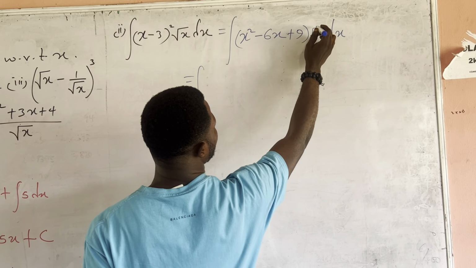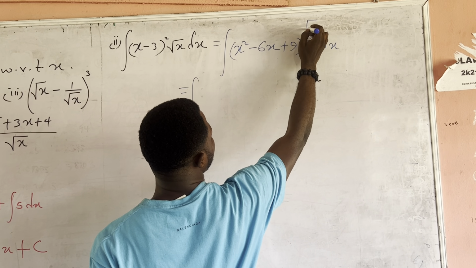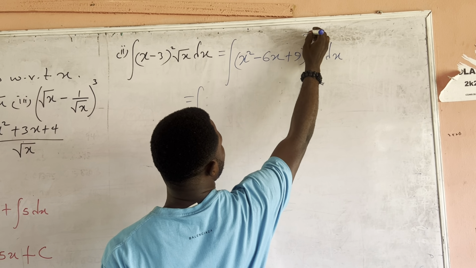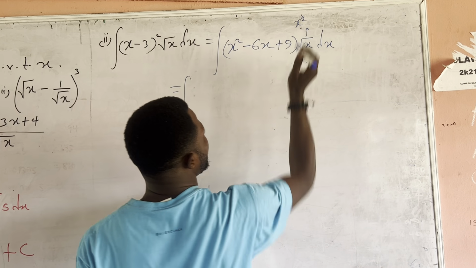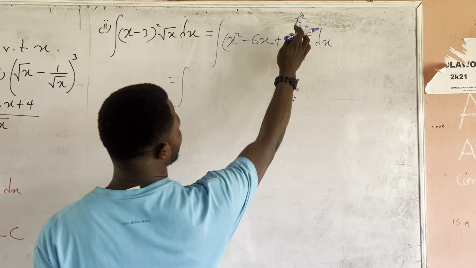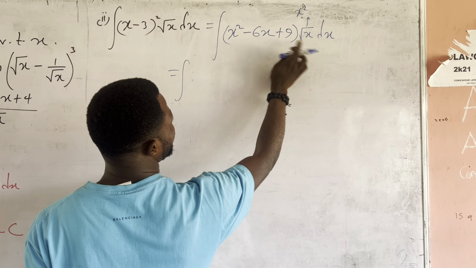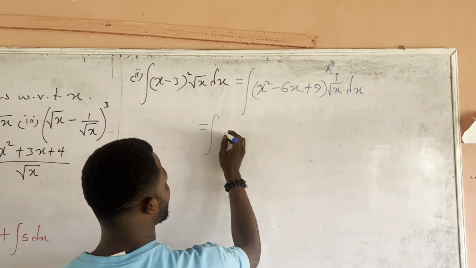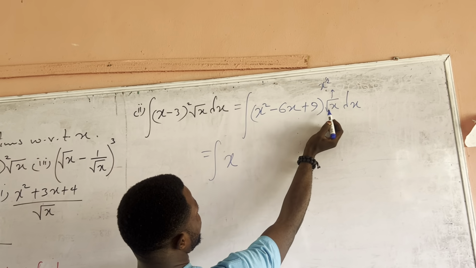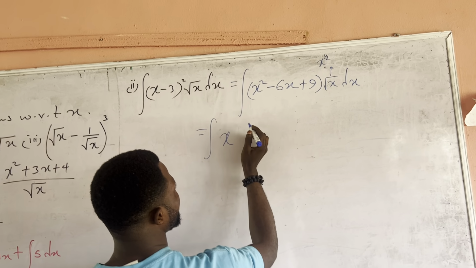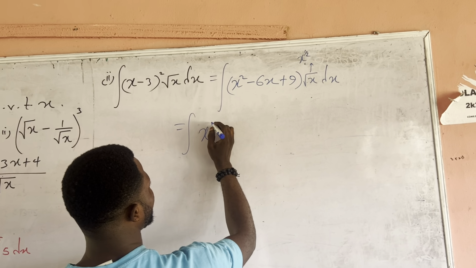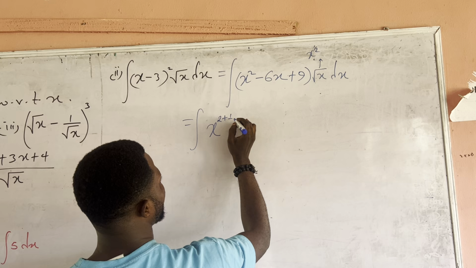So this, don't forget, root x is the same as x to the power of half. So this times this, this times this. We have x squared times x to the power of half, so the power is 2 plus half.